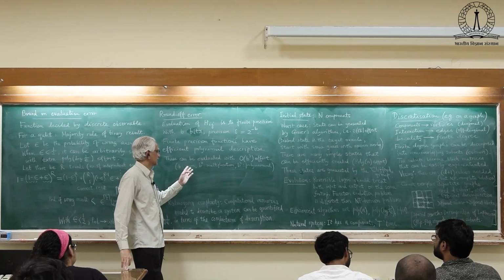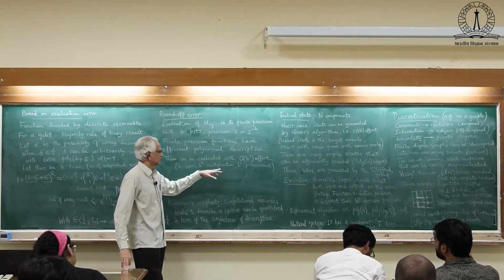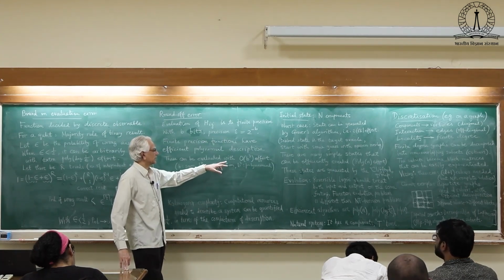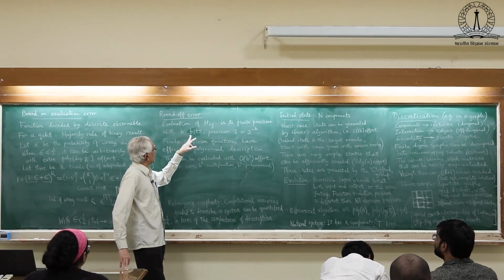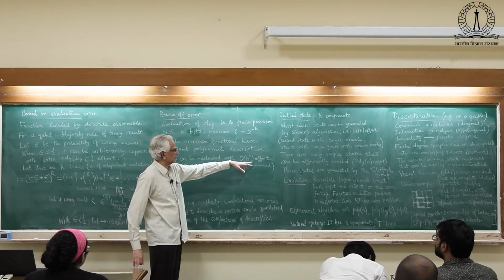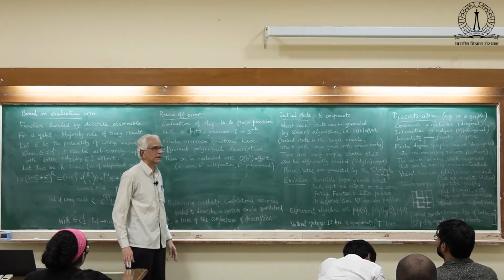So sum and multiplication are easier, then you have various different powers and you add them up together. The point is, if you have a function defined on B bits, any function can be evaluated with order B cube effort.